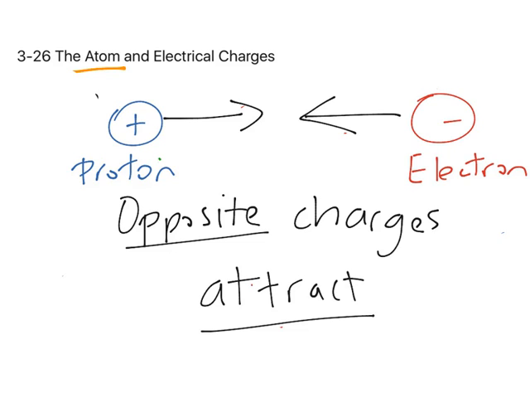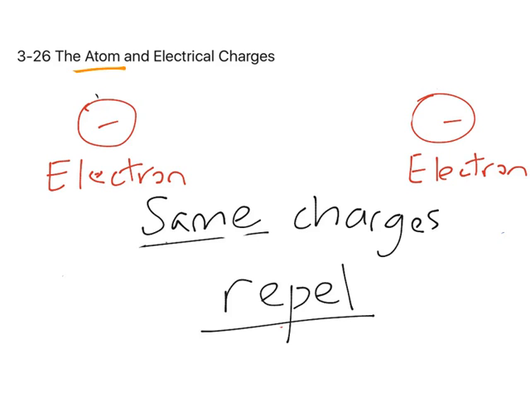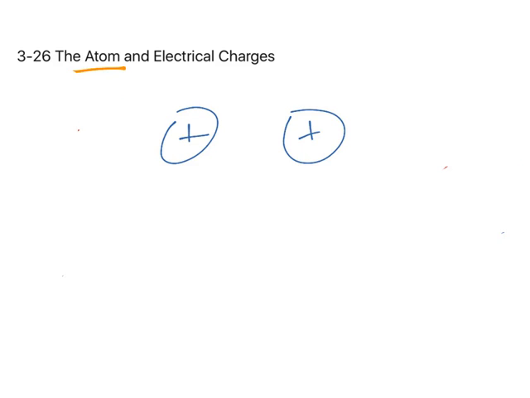So 1 plus, 1 minus, opposite, so they attract. But if we have two electrons, they have the same charge. Same charges repel, so they move away from each other. So two electrons, they're same charges, they will repel.